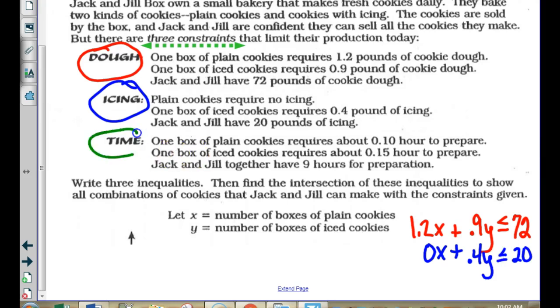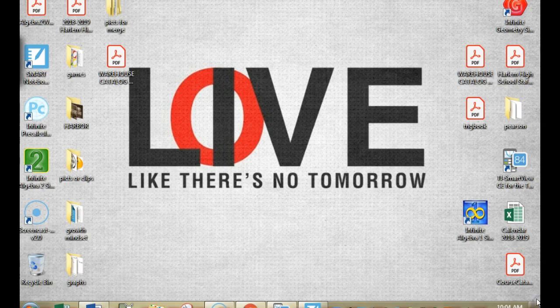And then we have an equation about time. It takes what? Somebody tell me that equation. Less than or equal to 9. Yep. All right. So I am going to copy all 3 of these equations.